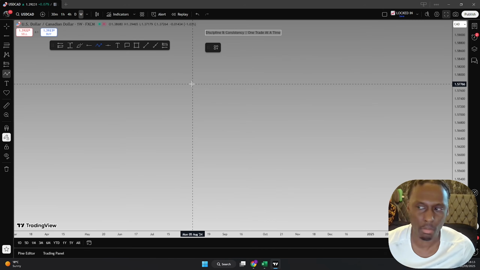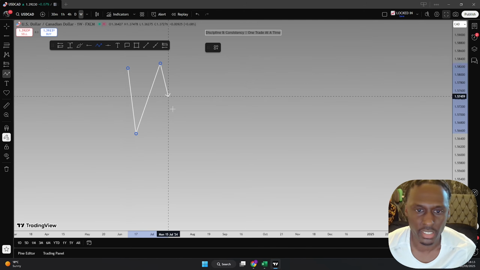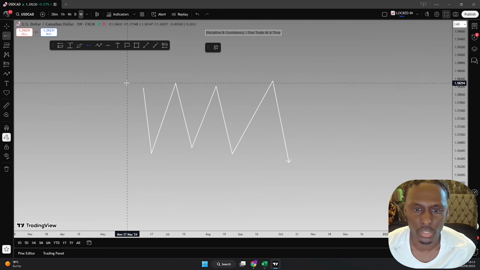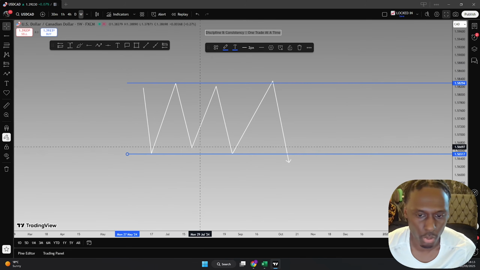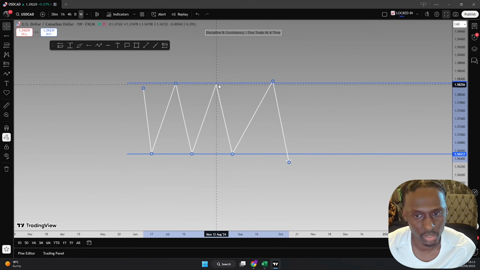Now to get a bit more technical, I get more in depth. So when the market is ranging sideways, all I'm looking to do is short it from the top to the bottom, or long it from the bottom to the top, essentially.